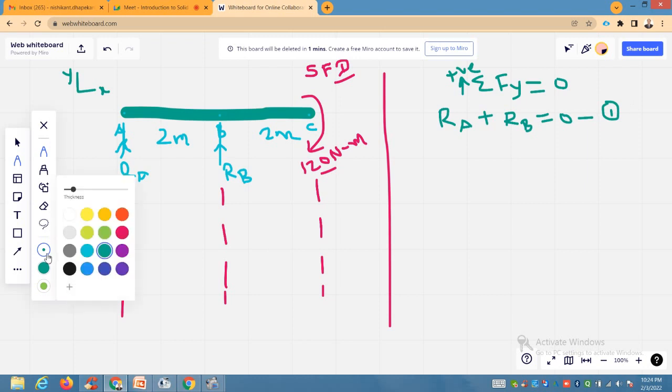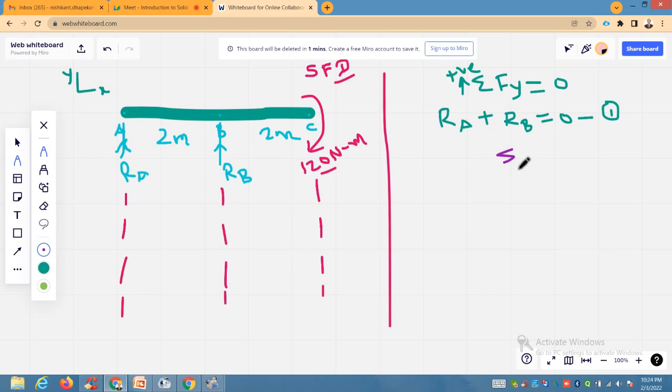Now you try to apply summation of moments about any point you can consider, either A or B or C. The solution will not change. So I am considering moment about point A, and moments about point A because of all the forces, and I am considering clockwise moment as positive.